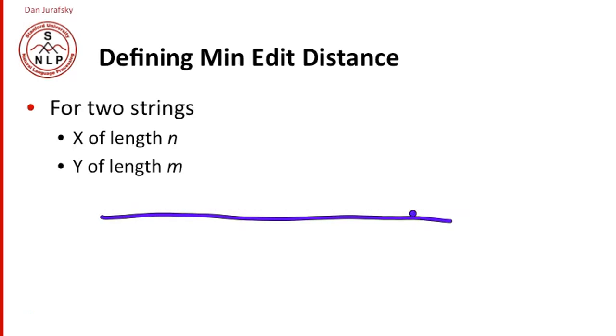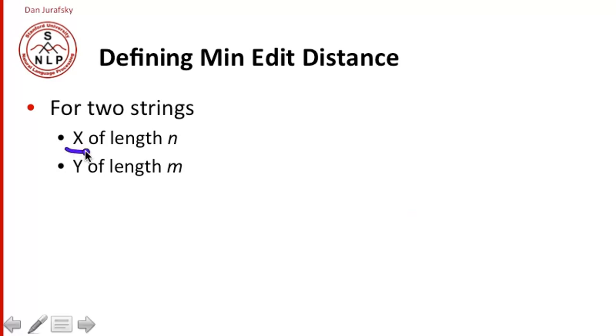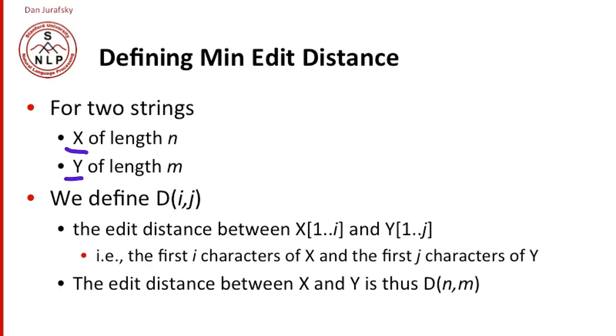We're going to define minimum edit distance formally as follows. For two strings, we have string x of length n and string y of length m. We'll define a distance matrix, capital D of i,j, and that will be the edit distance between the first i characters, 1 through i, of x, and the first j characters, 1 through j, of string y.